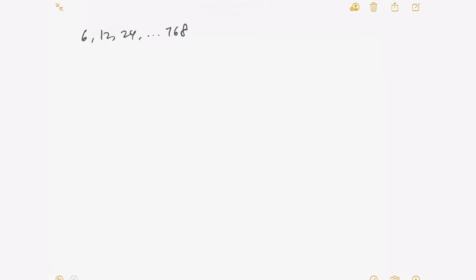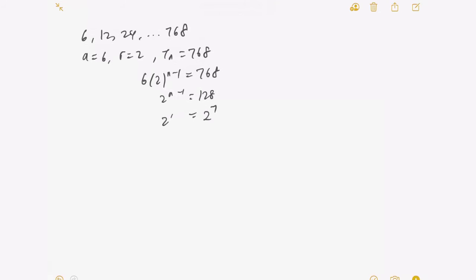We can use the formula. a is 6, r is 2, my tn is 768. So we say ar^(n-1) is 768. Now you cannot multiply the 6 inside. Instead, you have to divide by 6. 768 divided by 6 will give us 128. Now, we know 128 is 2 to the power 7. So, by comparing, we know n should be 8.